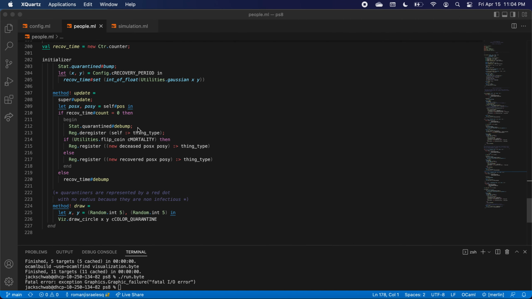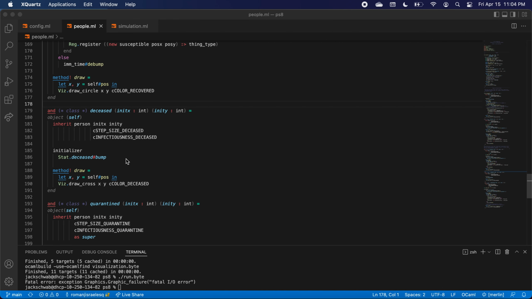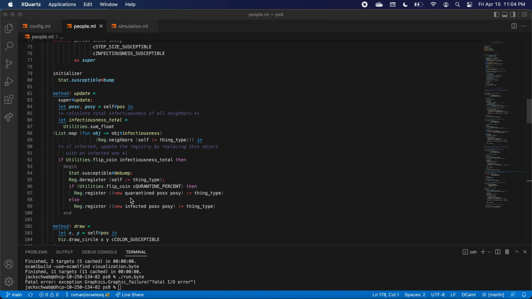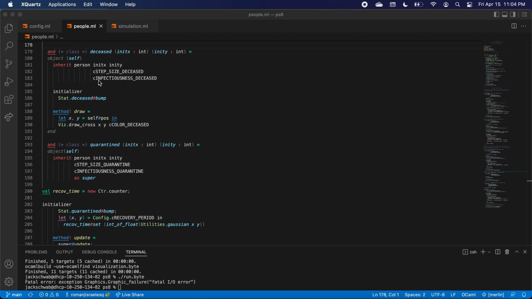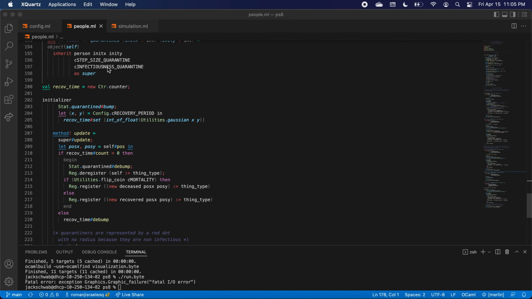To accomplish this, we created a new class that went off of the current class we created. It inherited the person class, and we fed it its initial X and initial Y coordinate, and also its new step size for being quarantined, and its new infectiousness for being quarantined.